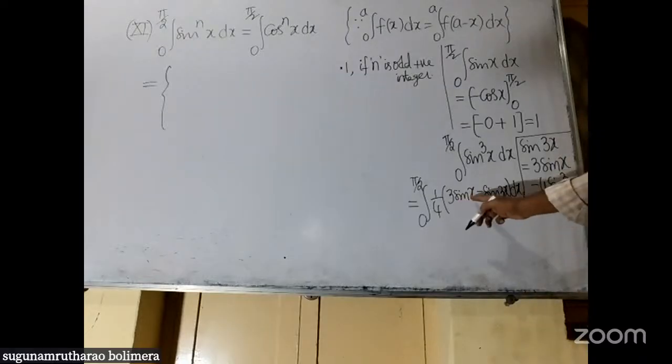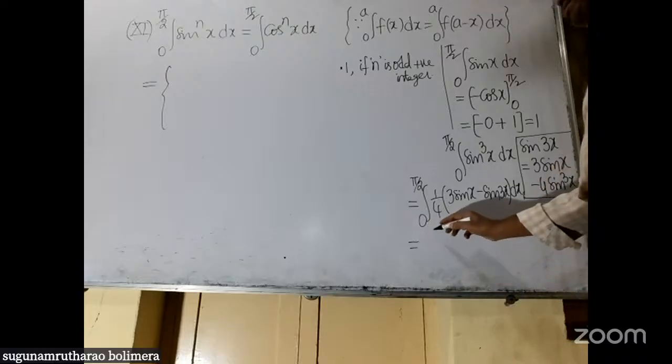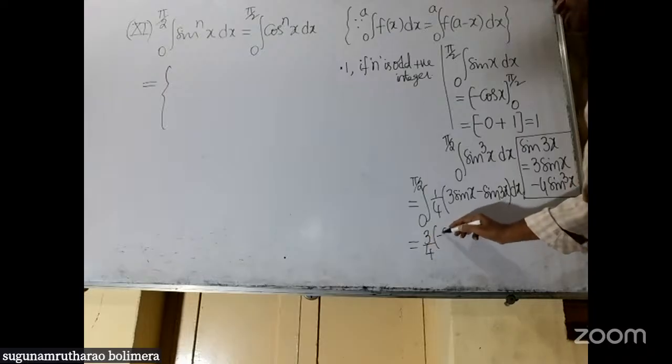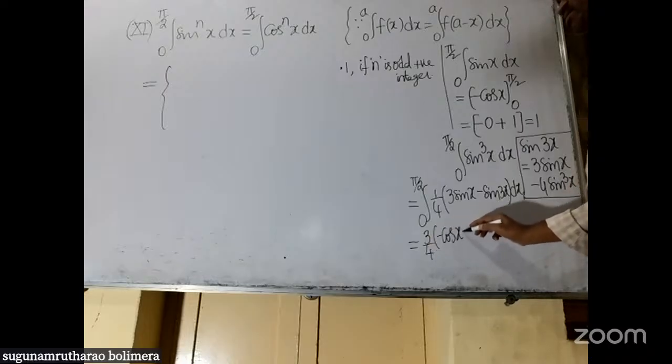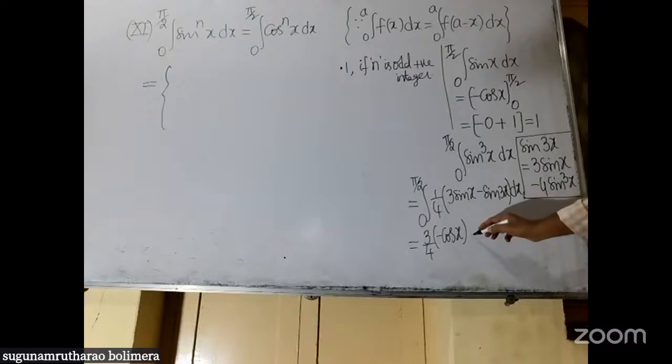Now if you do the integration, the integral of sin x is minus cos x. So this is 3 by 4 into minus cos x, and minus 1 by 4 into minus cos 3x by 3.